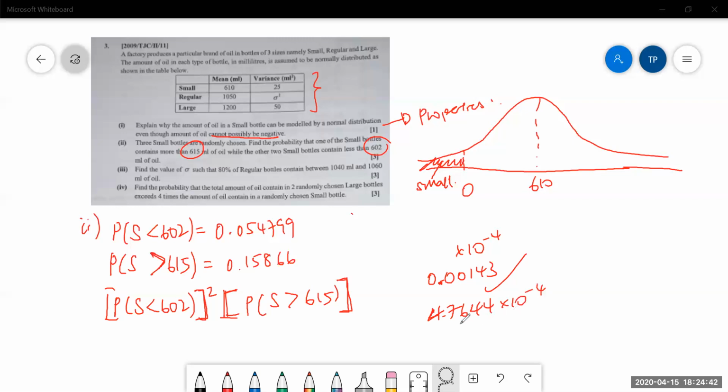It means you need to multiply by 3 choose 2, factorial 1.